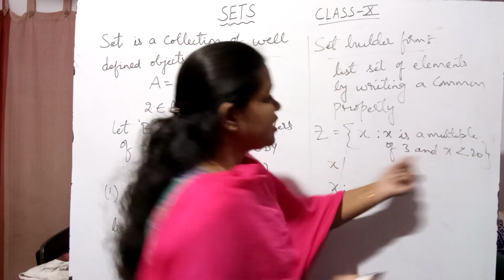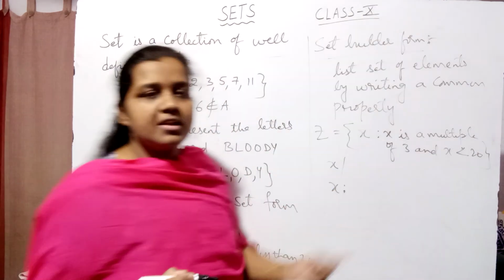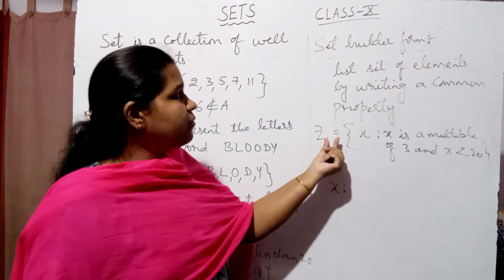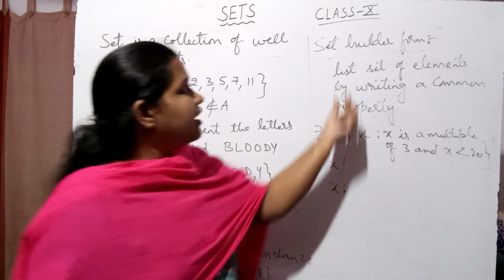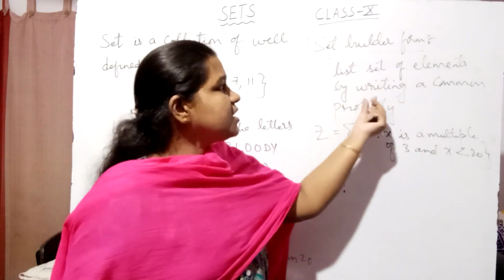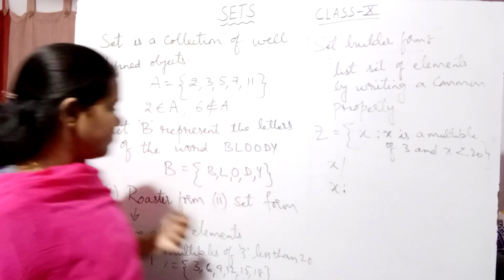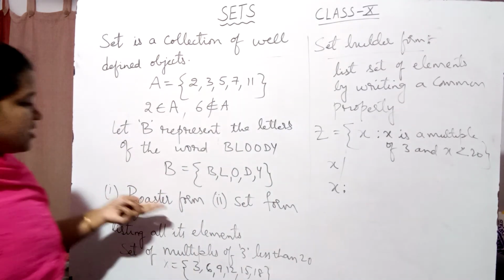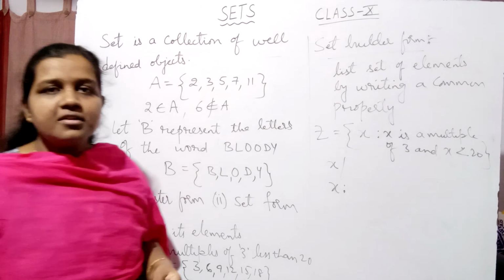That is, whatever X value you are writing should be less than 20. So in this way we write the set in set builder form by using a common property. In this way the set can be represented in two forms, roster form and set builder form.